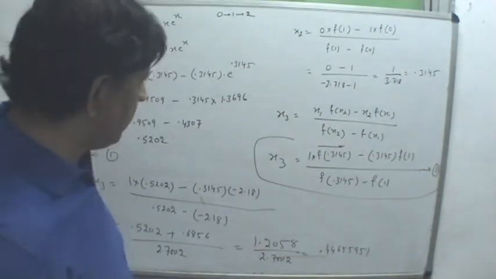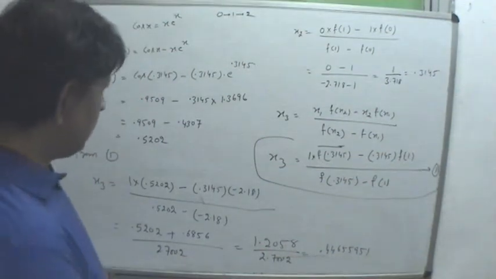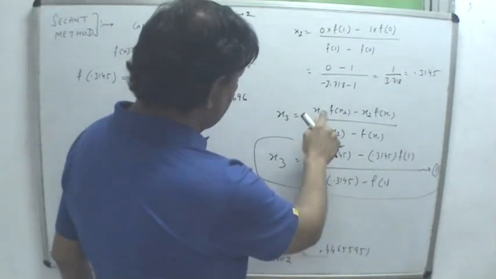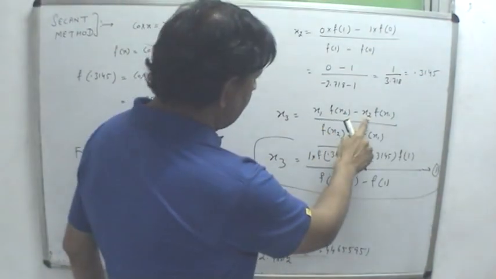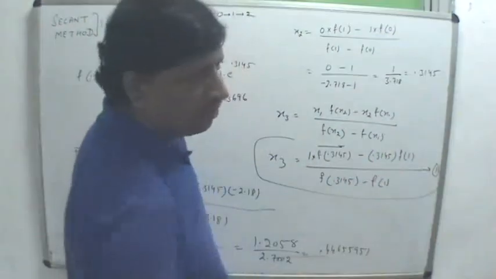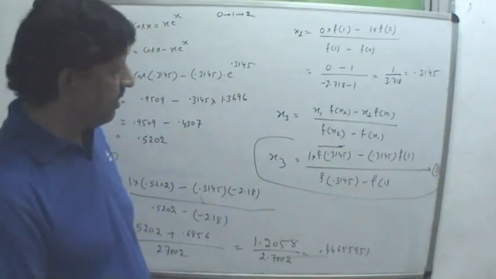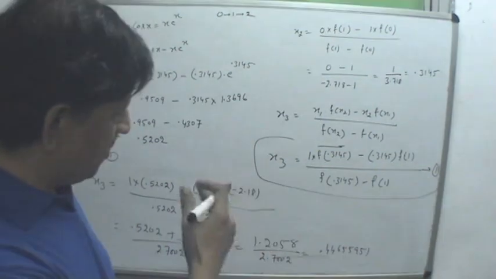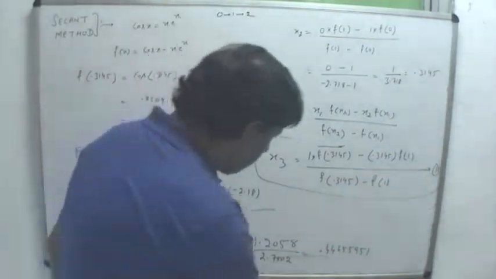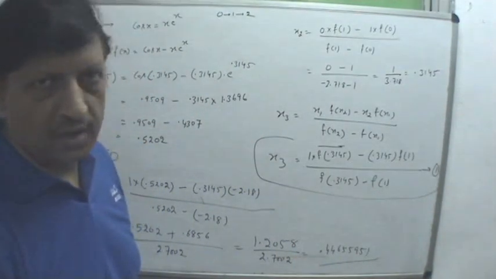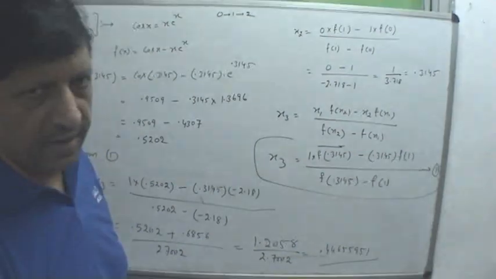Similarly, we can find the next step, x4, using x2 and x3. We shift by one in every step, up to the last stage when the last two values are very close to each other, or we can say approximately equal.